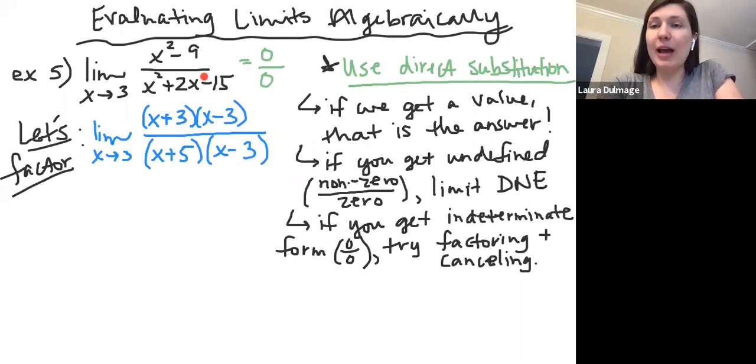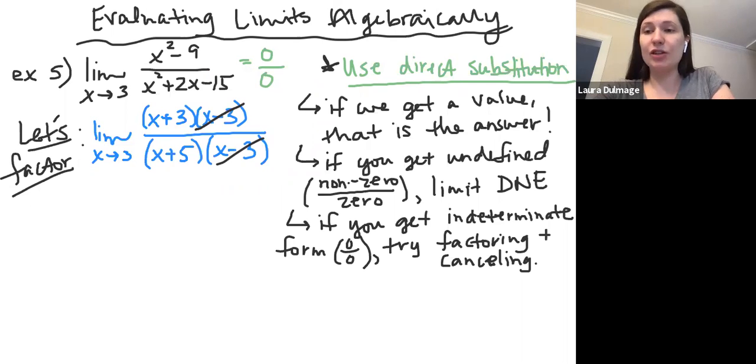Now we can see what happens, right? We can cancel now because we have factors that are being multiplied. So this is legal canceling. The x minus 3's can cancel out. If you notice, that is what gave us the issue. If we were to plug in 3 here or here, it made it 0. That was the original issue. Factoring and canceling removed that issue.